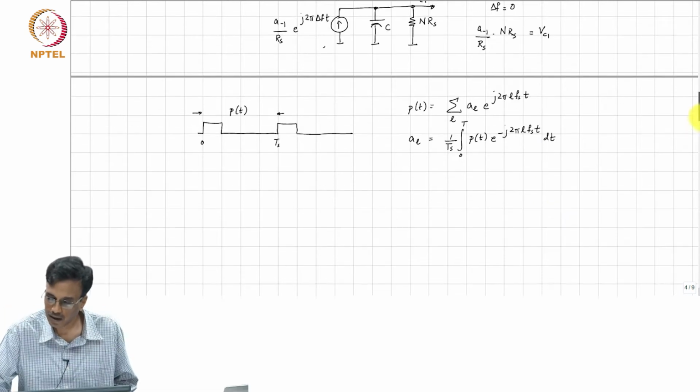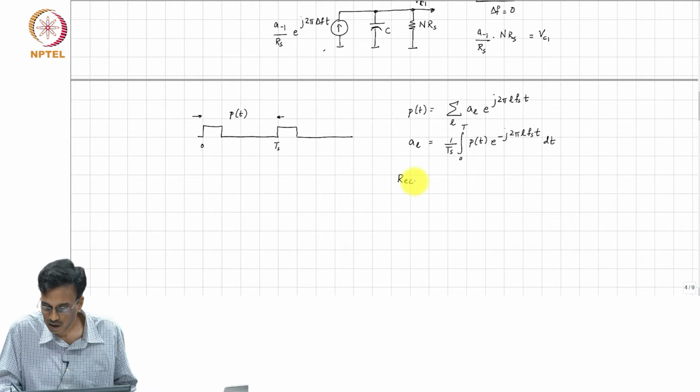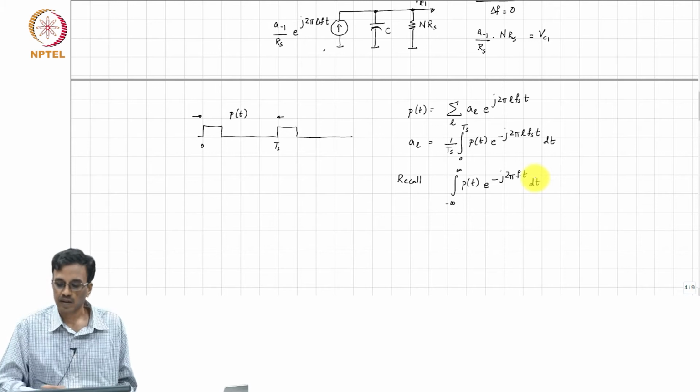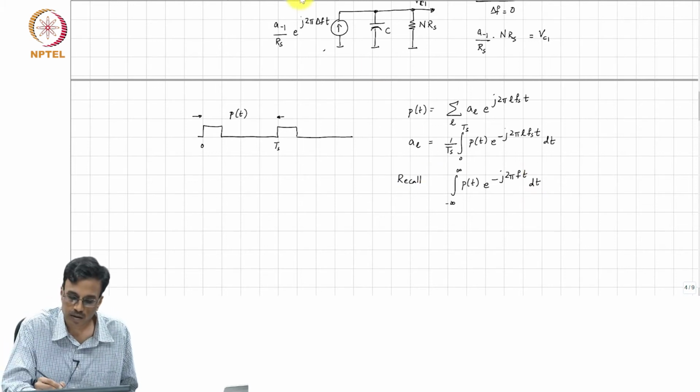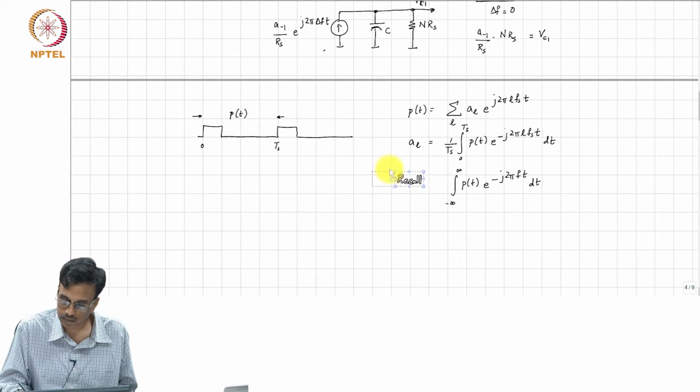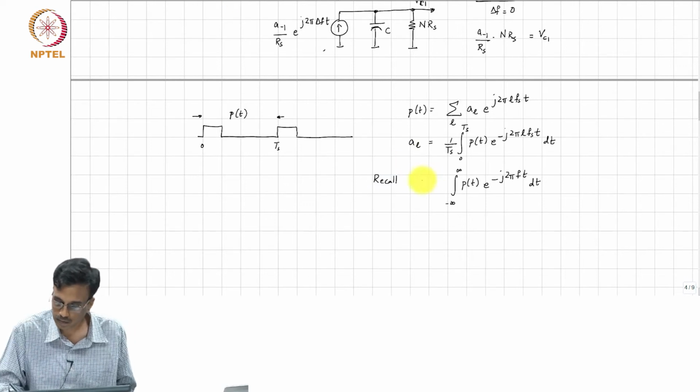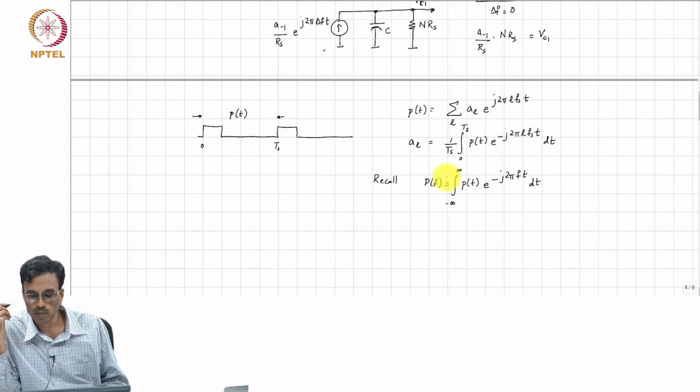And recall that the integral from minus infinity to infinity of P of t e to the minus j 2 pi f t dt is nothing but the Fourier transform of P of t.